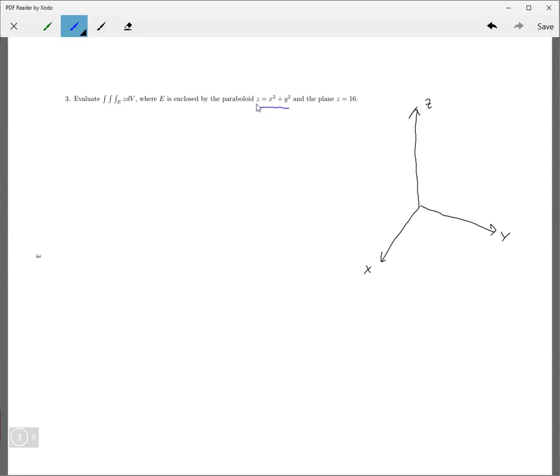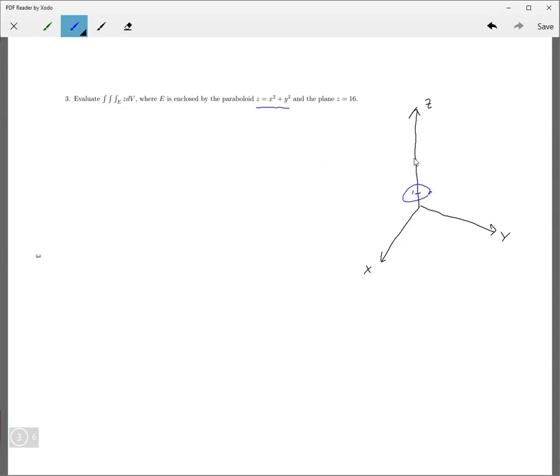But if you were to set Z equal to 1, then this would be a circle of radius 1. So if we're here at 1, then we basically have a circle of radius 1.